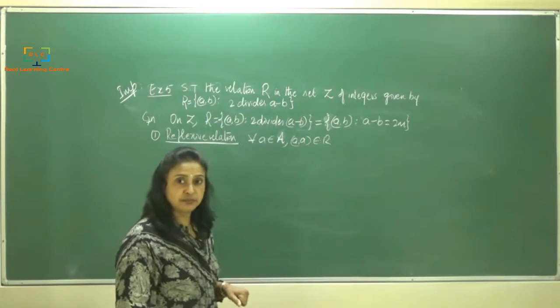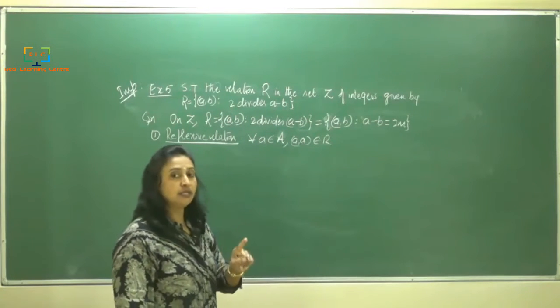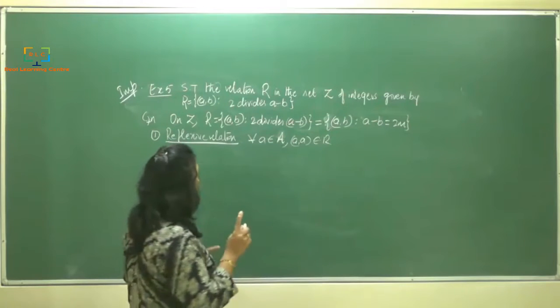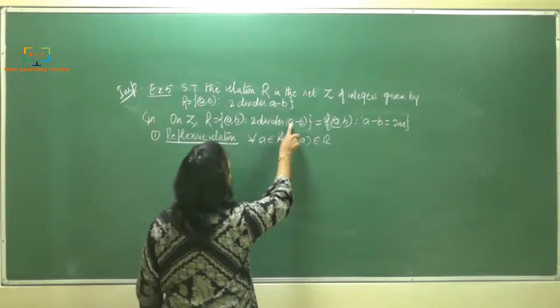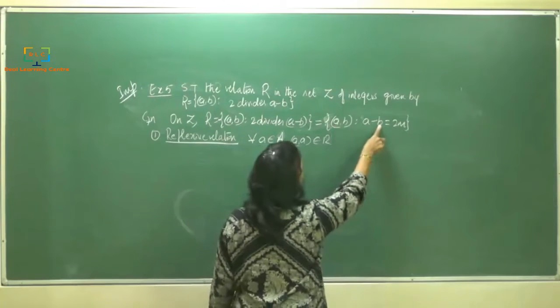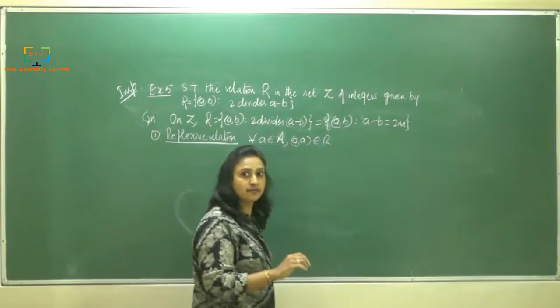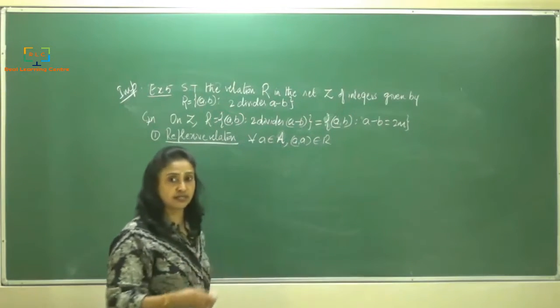But then how many elements am I taking? I am only taking one integer. That one integer you have to put in the relation in both the sides. In both the sides you are going to put a. In the place of b also you are going to put a itself and see whether the relation is true on Z or not.